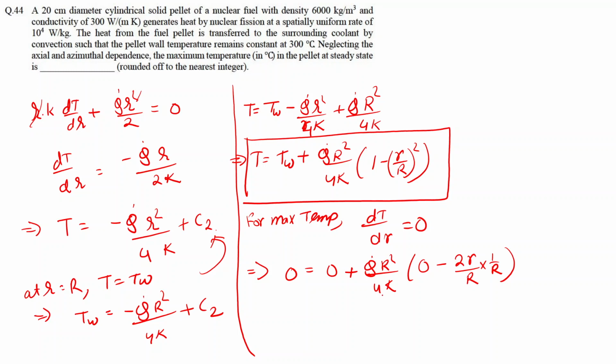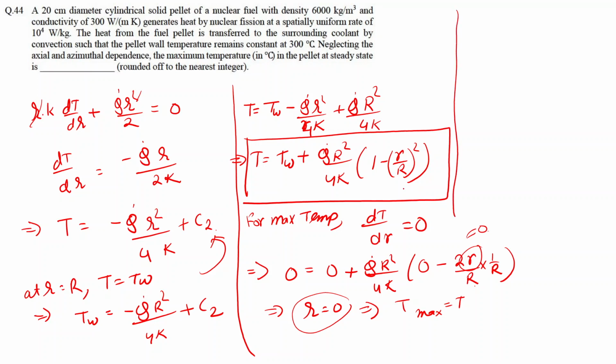So this term can't be equal to 0, and also we have been given that R, the radius of the pellet, is not 0, so only r will be equal to 0. So from this we can get that at r equal to 0, T will be T max. Also, since the cylinder is symmetric, we can just straight away remember that for any symmetric object, at the center the temperature will be maximum.